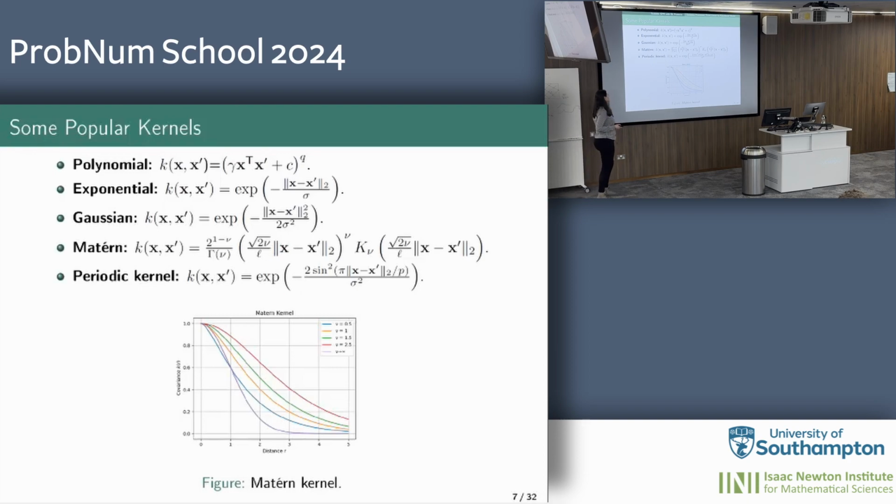It can be anything from this list. What I think is most interesting is the Matern kernel, because you have this parameter nu that captures some smoothness of the function. So personally, I think it's one of the most interesting to look at, because if you capture that behavior, you can describe many other kernels.